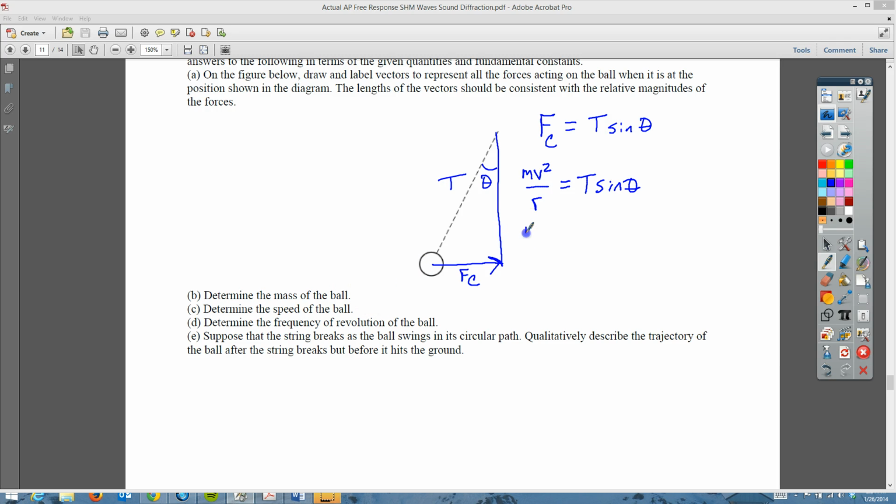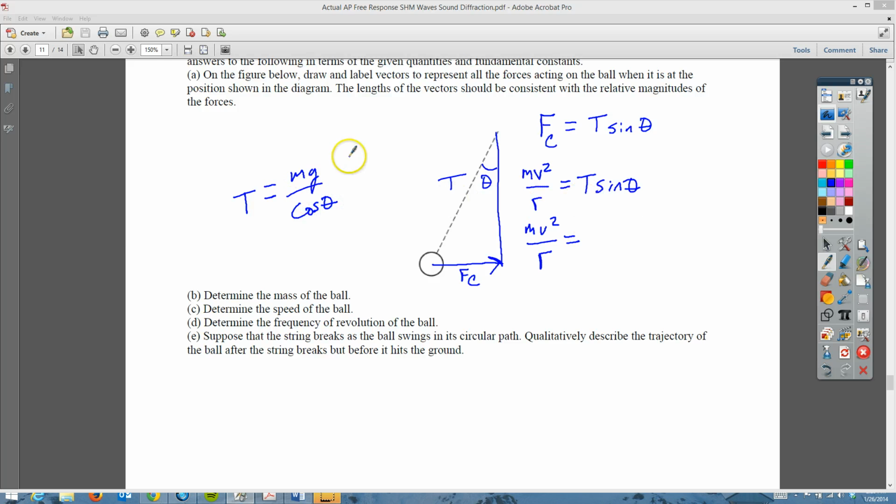And so we can go through and just say mv squared over r is equal to, and if you remember, our mass really was equal to T cosine of the angle all over g. So if we solve this for T, it would just be T is equal to mg over the cosine of the angle.